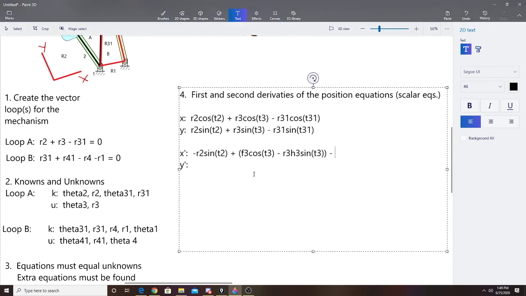Wait, did I do this one? Oh, we named it differently. Okay. Yeah, I completely forgot. We named them differently. So remember, R31 and cosine theta 31 are both known quantities, right? Do you guys agree with that?